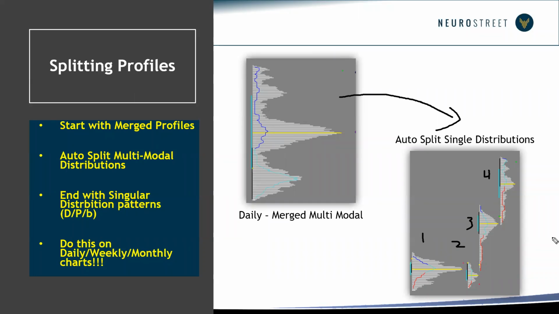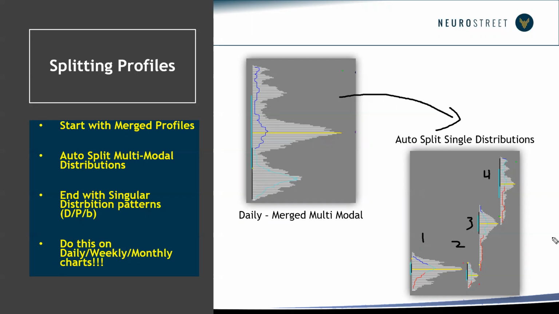And what we're doing now is separating the different points of control in the day and in the week, because we also look at multi-time frame, right? So if you were looking at the daily profiles, we're looking at it on the day. If you're looking at the weekly profiles, you're looking at it on the 5-day session from Monday to Friday, right?